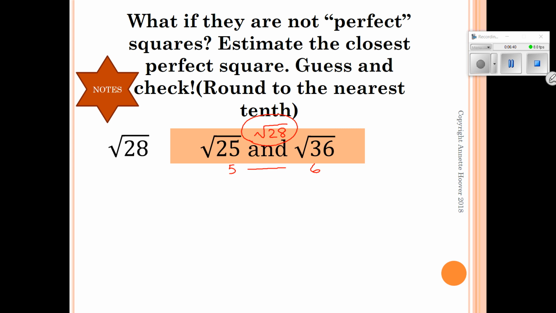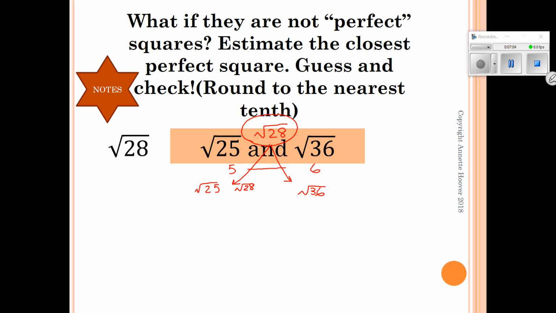So if we were going to estimate that, let's look up here. We have the square root of 25, the square root of 36. Now the square root of 28, is it closer to 25 on a number line? Is it closer to 36 on a number line? It's only 3 away from 25, but it's 8 away from 36.